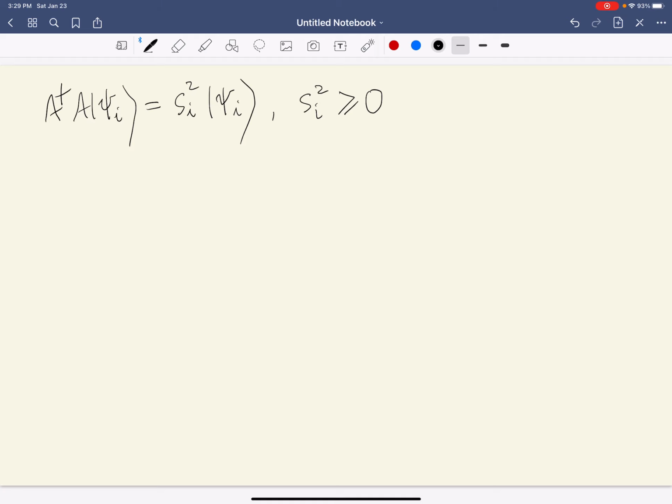Why is that? Well, the proof that the eigenvalue of A dagger A is always non-negative is extremely simple. All you have to do is take the overlap of this whole thing with psi_i to the left.